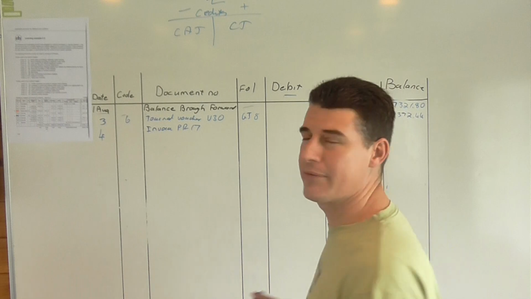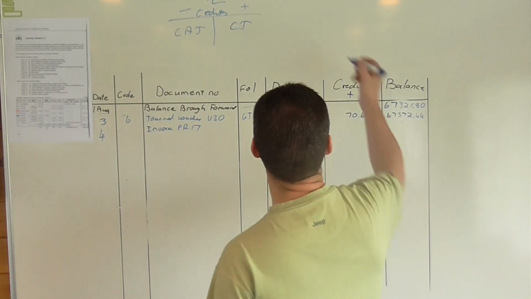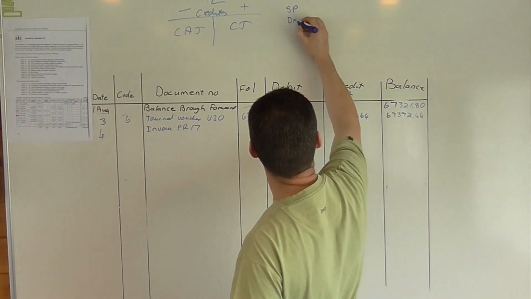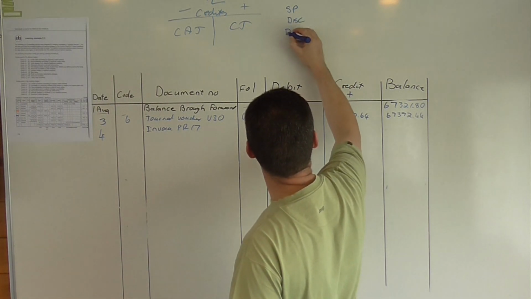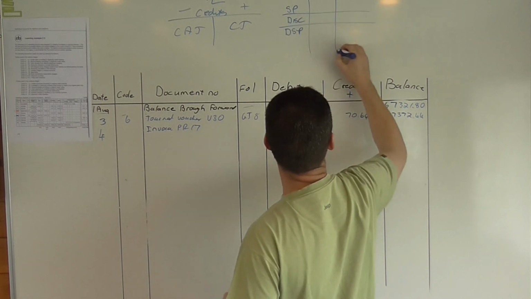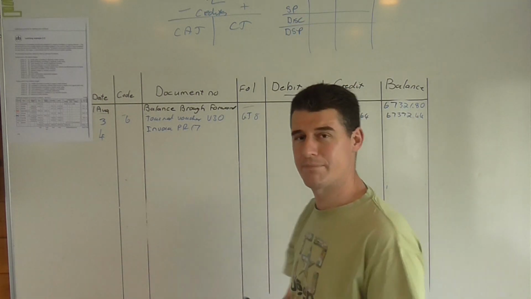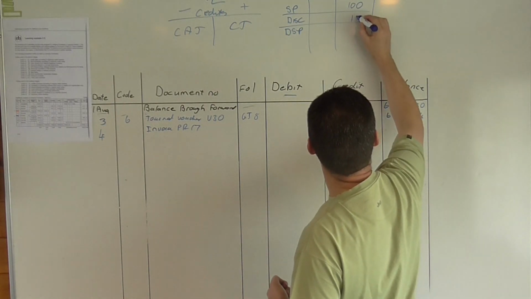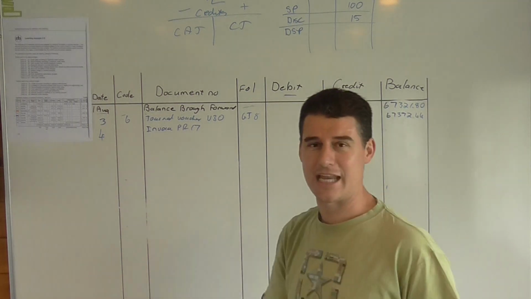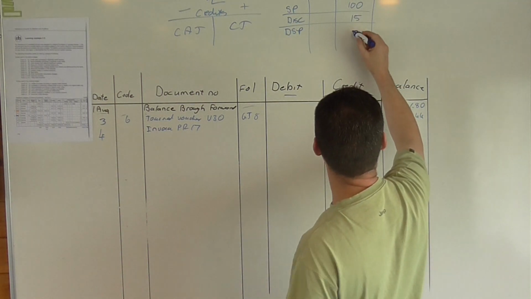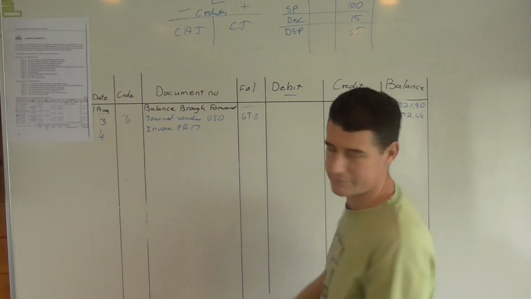So in other words, now we're going back to that magic block. You have your selling price, you have your discount, and you have your discounted selling price. So your selling price is 100, your discount amount is 15, so your discounted selling price is 100 minus 15, which gives you 85.